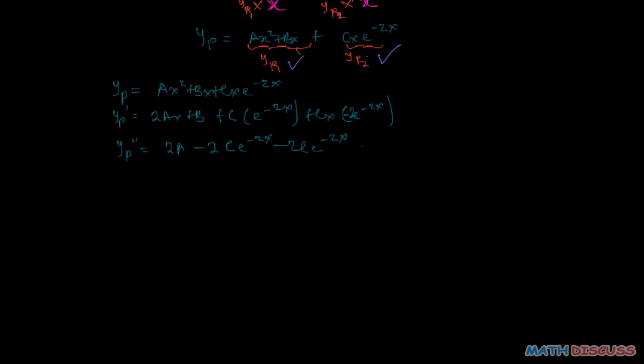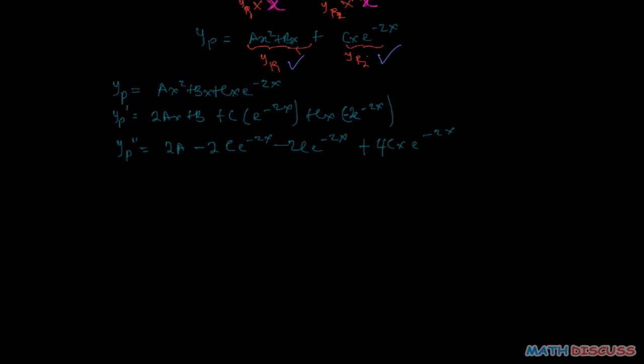So we have yp prime to be 2ax plus b, and this is c e to the power negative 2x plus cx into minus 2 e to the power negative 2x. That's what we have. Yeah, so we have 2a, then this. Alright, we are fine. Then minus 2c, then plus 4cx e to the power negative 2x. Just trying to cross check that we do not make any mistakes, since I know most of you are going to want to check these things, so as not to confuse anybody.